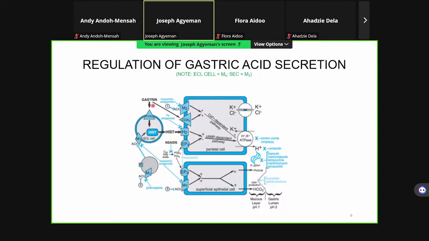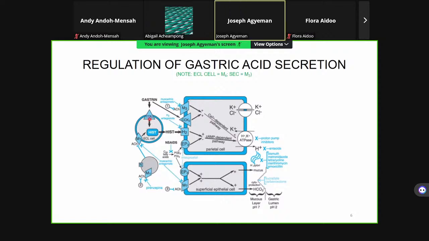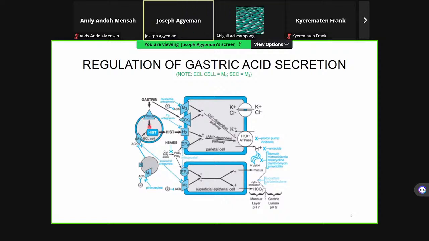When gastrin stimulates the CCK2 receptor, several chemical inputs occur within the ECL, what you term as signal transductions. The end result is that histamine will be released from the ECL. And I'm saying that when histamine is released, you have histaminergic receptors on the parietal cells. So we'll come to that part.